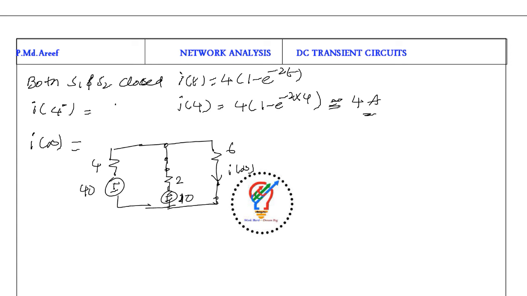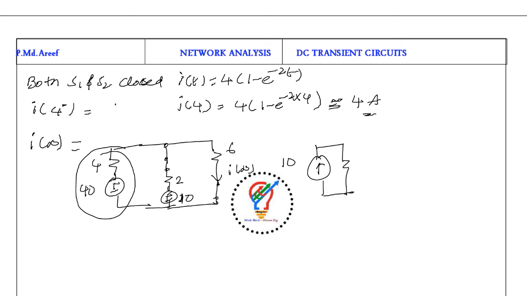Here what we can do is go by source transformation. The 40 volts in series with 4 can be represented as a current source: 40 by 4 means 10, with the resistance 4 in parallel with the source.